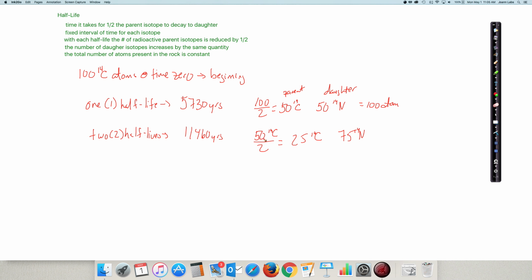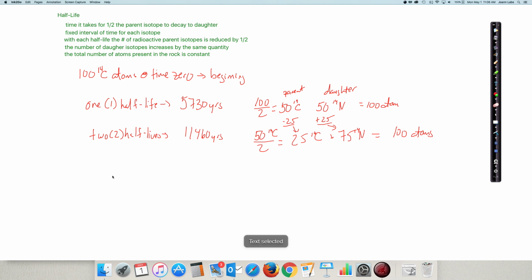So basically 50 divided by 2 is 25, so we subtract 25 from here, add 25 to here, and we get that. If you add them both together, you still have 100 atoms. We can't destroy matter, at least not yet. So after 2 half-lives, this amount of time has passed.